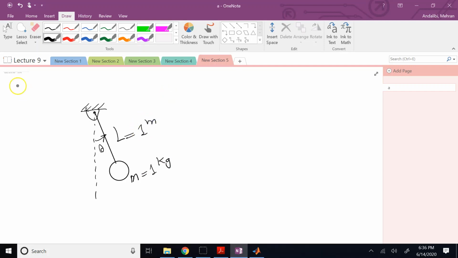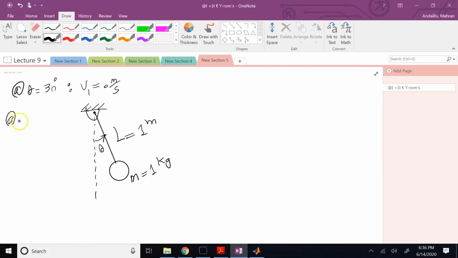It says at theta equal 30 degrees, which is the max angle that you basically move your pendulum to and then let go, so that's the amplitude of oscillation, the velocity of the particle, or you can say theta dot, doesn't matter, theta dot or the velocity of the particle is equal to 0.